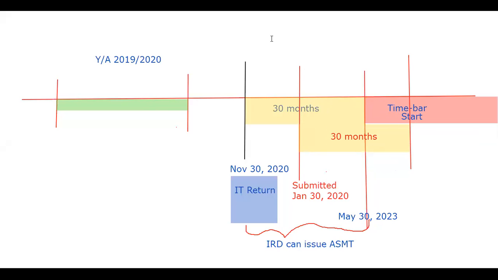If you file the return in September, then the time bar starts from this date. Until such time, the department people can issue assessment.